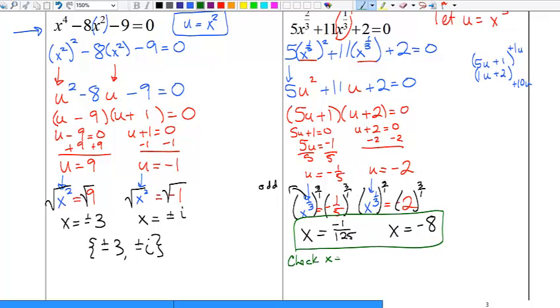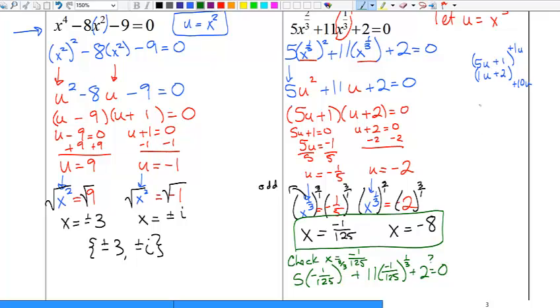x equals negative 1/125. So I have 5 times negative 1/125 to the 2/3 plus 11 times negative 1/125 to the 1/3 plus 2 is supposedly equal to 0.